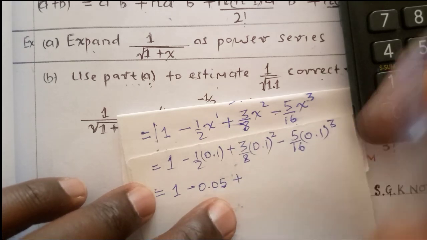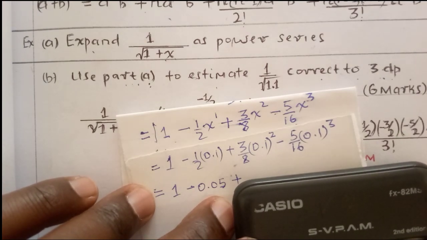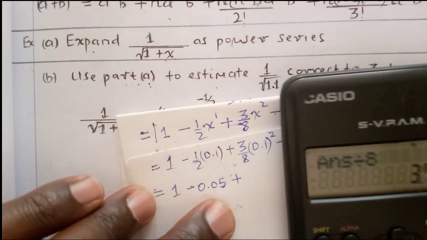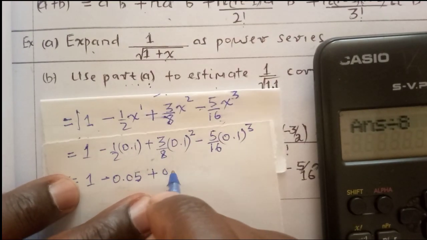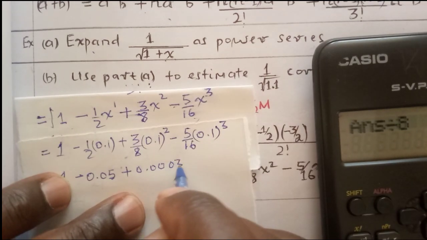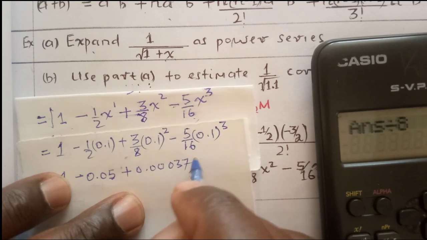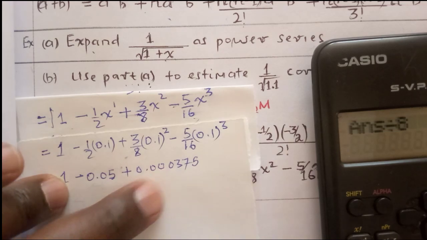This other one will be 0.01 times 3 divided by 8, which gives 0.00375.